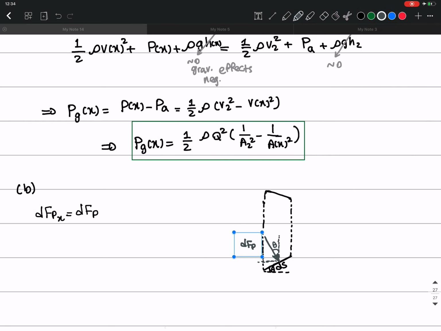Here it has two components. One is going to be this part, and then one vertical component. So this part, which is dFpx, is actually dFp times sine theta, right? So it's going to be dFp times sine theta. Okay.